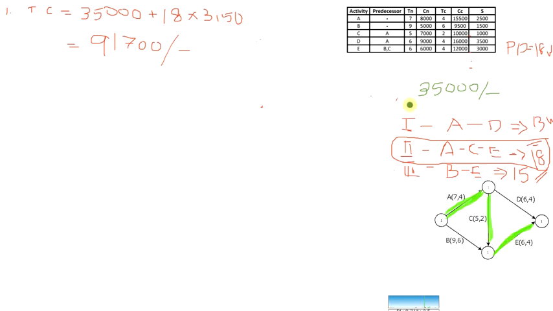Okay, so you have to select an activity which is on the critical path, or a critical activity must be crashed. Another thing is, when we select the critical activities for crashing, the cost should be minimum. Cost of crashing must be minimum.